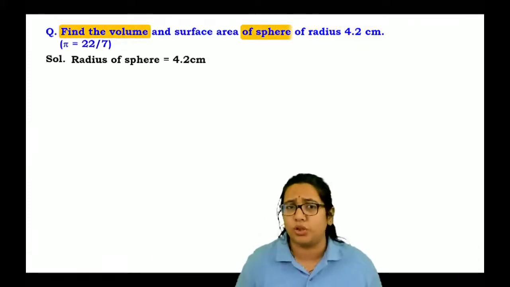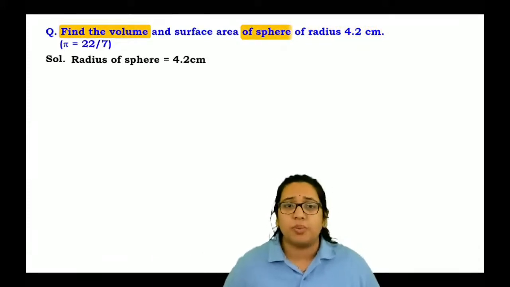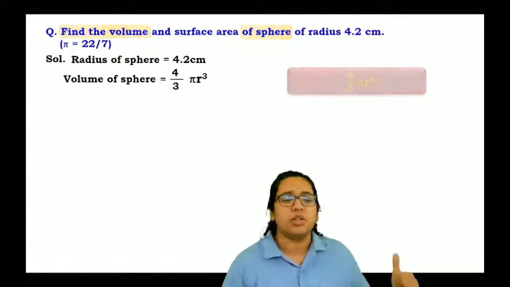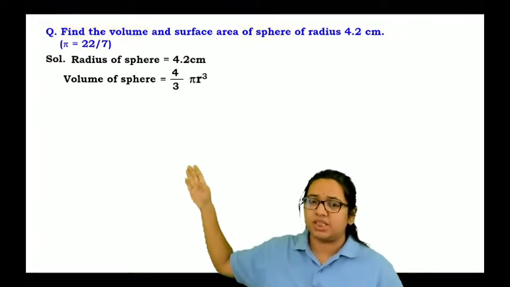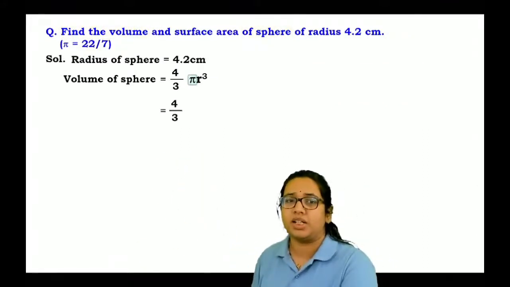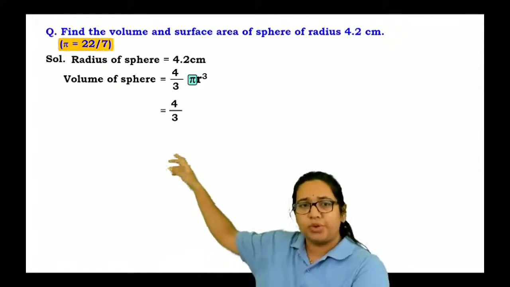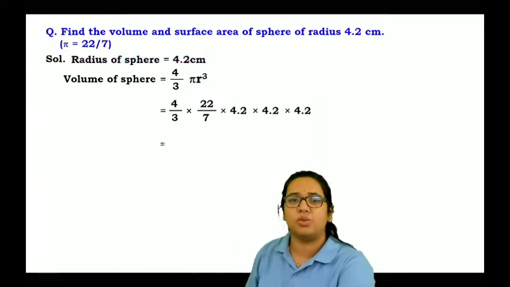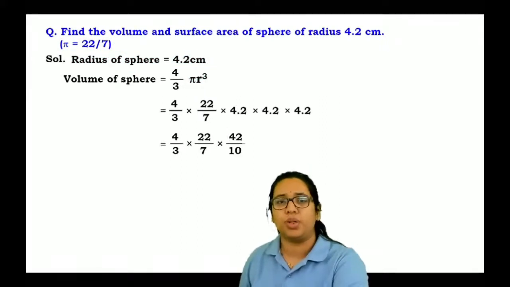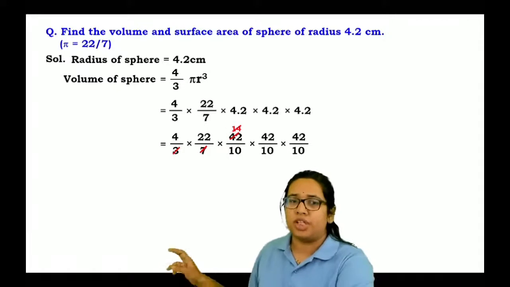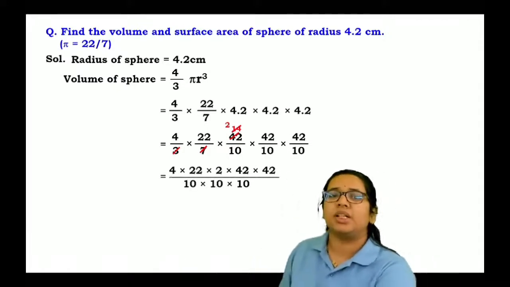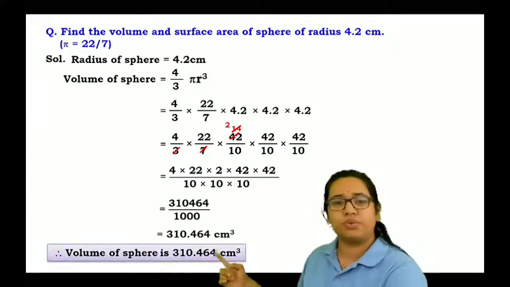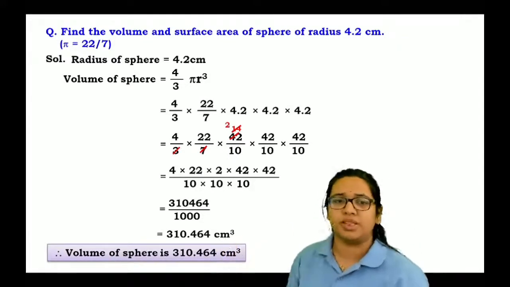We have to find the volume and surface area of a sphere of radius 4.2 centimeter. We know that volume of a sphere is given as 4 upon 3 pi r cube, which is 4 upon 3, taking pi as 22 upon 7, into r cube, that is 4.2 into 4.2 into 4.2. After solving this, you will get its value as 310.464 cubic centimeter.